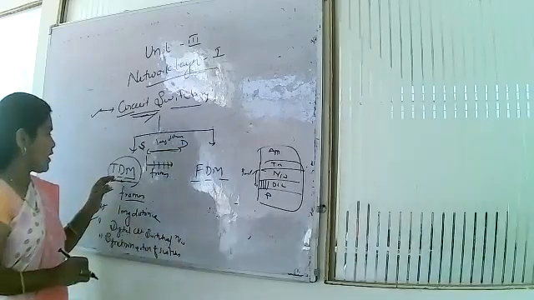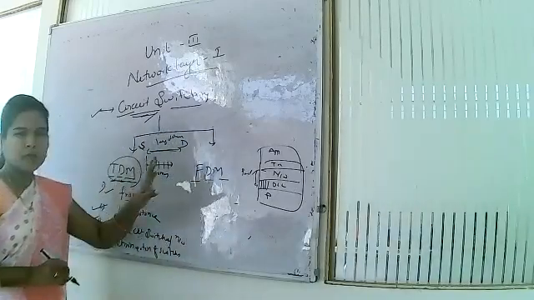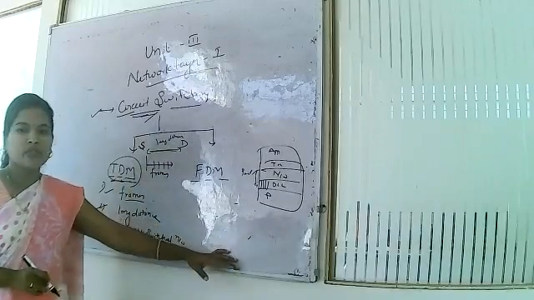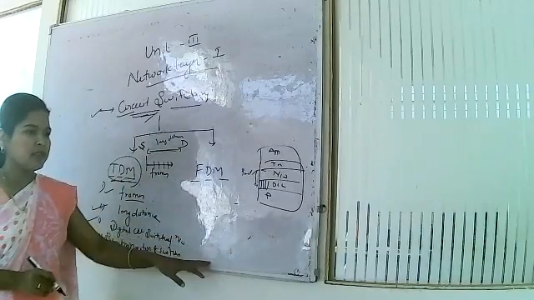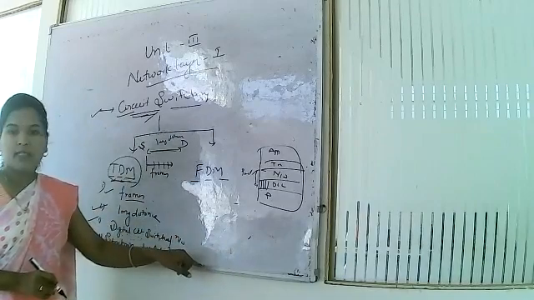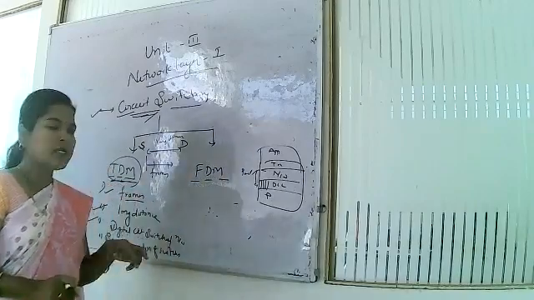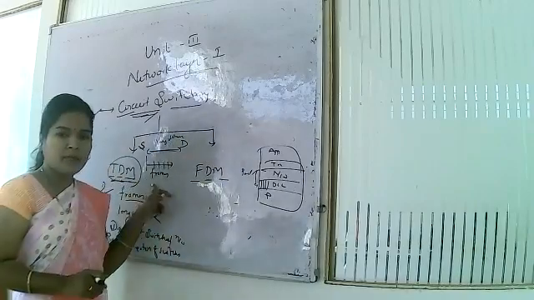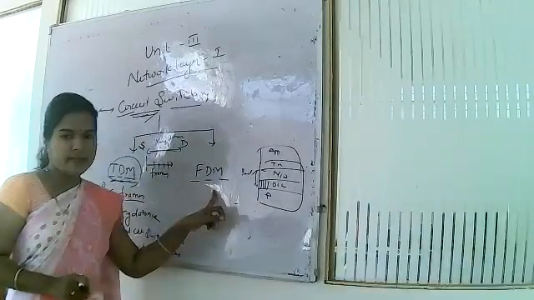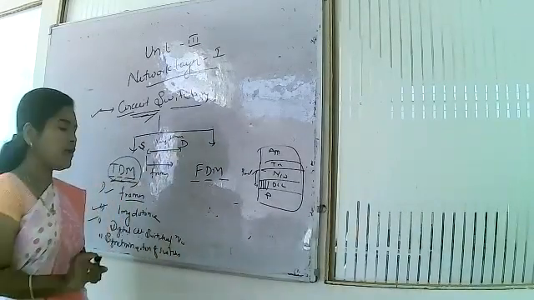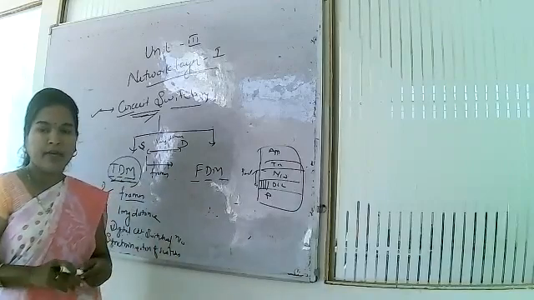And for your syllabus, they have given only this little bit of introduction regarding the TDM and the FDM. Actually, there is a subject where the communication is studied, I think we studied analog communication, regarding time division multiplexing and frequency division multiplexing. I think in the second year you studied it in analog communication.